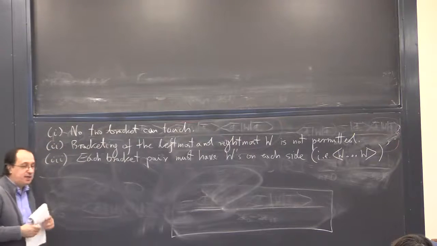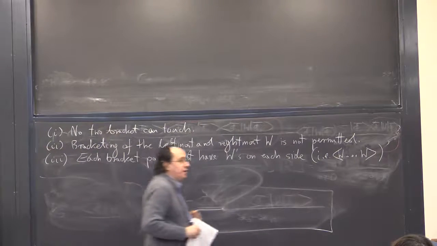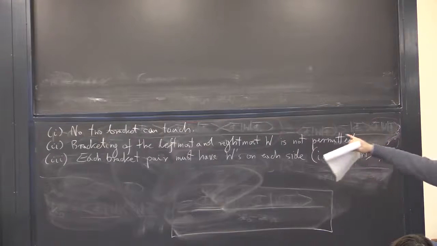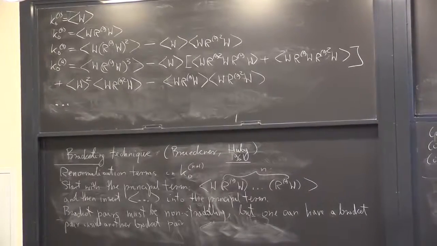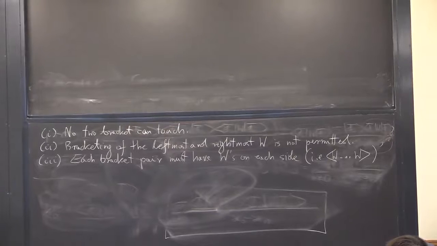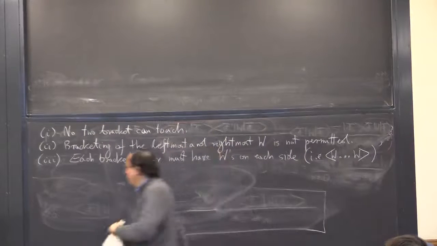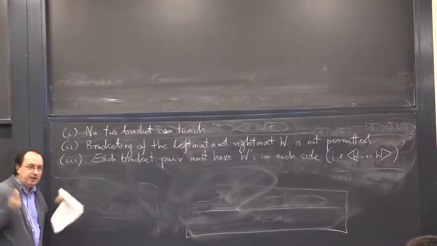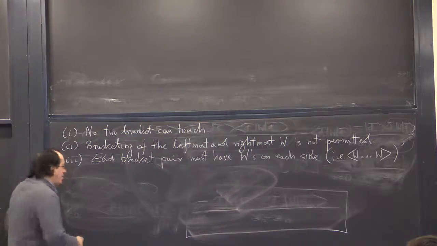But of course, before I do this, there's another issue. What is the sign? You remember these renormalization terms? You still have them on the blackboard. They come sometimes with a plus, sometimes with a minus. How do you know? Well, there's a simple rule that Huby actually also derived in his wonderful paper. Really fantastic paper. The fact that you can prove such things in any order is just remarkable.